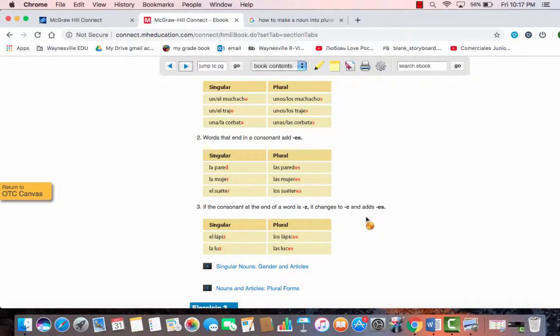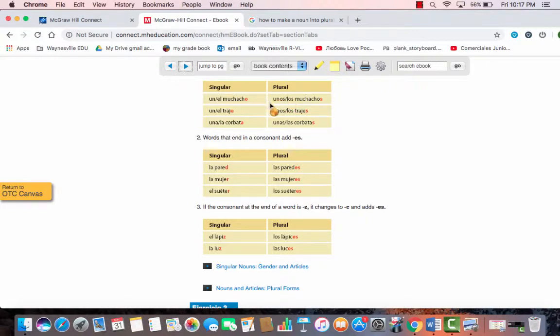I'm going to explain how to use plural articles and also show you the difference between singular and plural. These examples I took from your book and it is on page 25. So here we have the singular nouns on this side and the plural nouns in here. It's important to notice that the articles that we have in front are singular because the noun is singular.